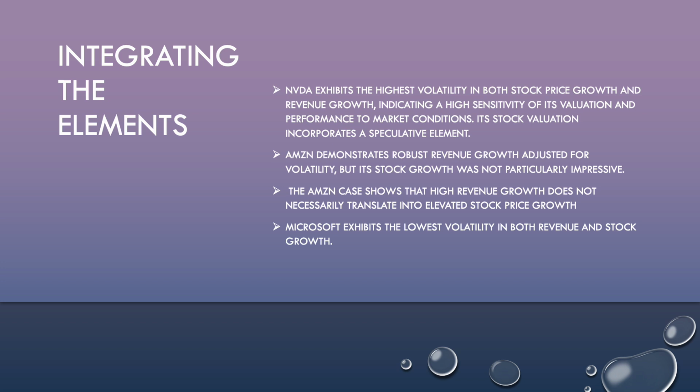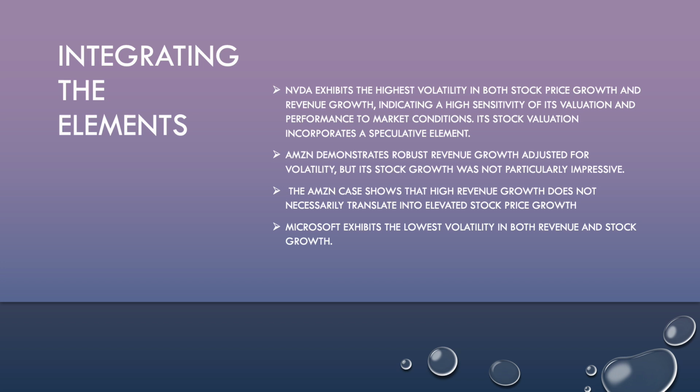This indicates that both its valuation, measured in terms of stock growth, and its performance, measured in terms of revenue growth, are sensitive to market conditions. That is one observation we saw about Nvidia.